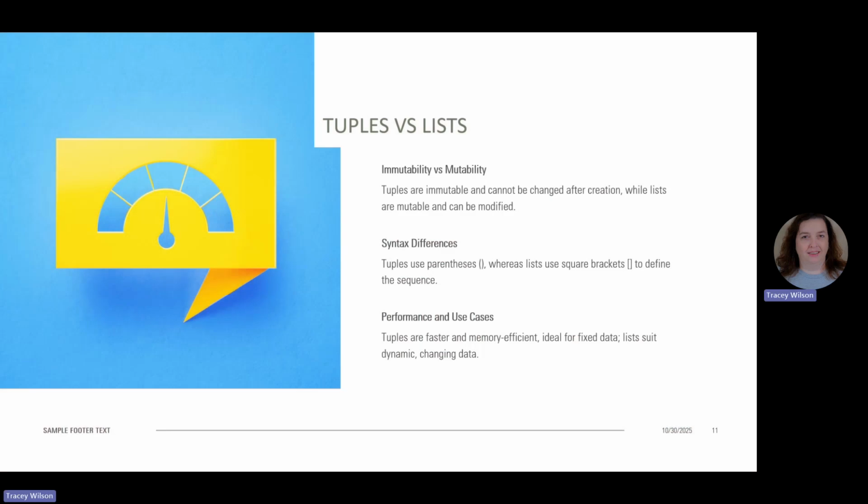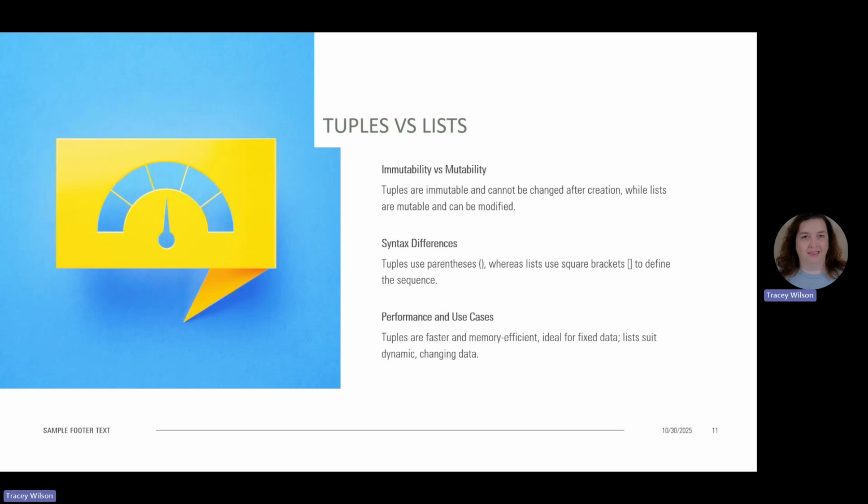So if you want to compare them, the biggest one is the changeability of it. The mutability is the big difference between a list and a tuple. Syntax difference is the parentheses versus the square brackets. Performance and use cases, tuples are more memory efficient.